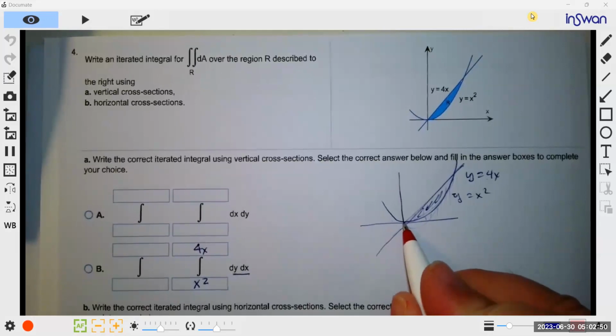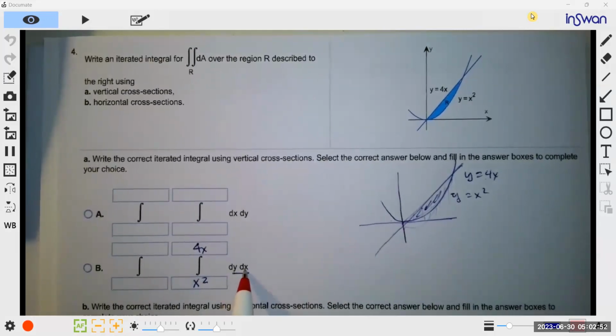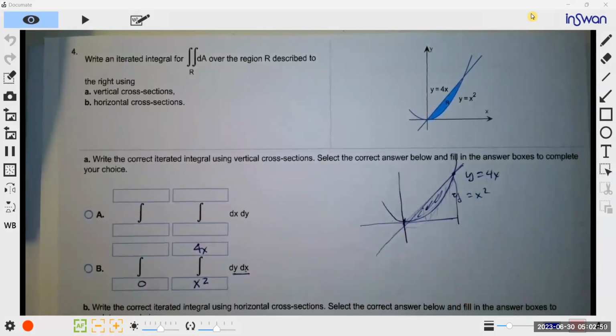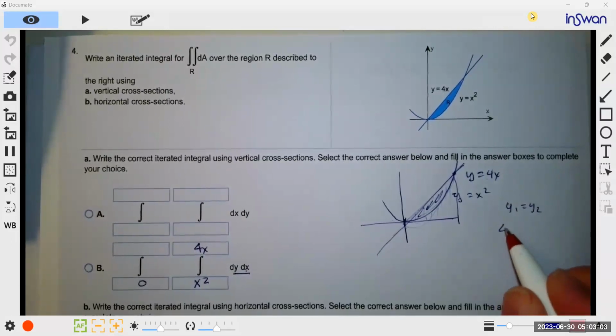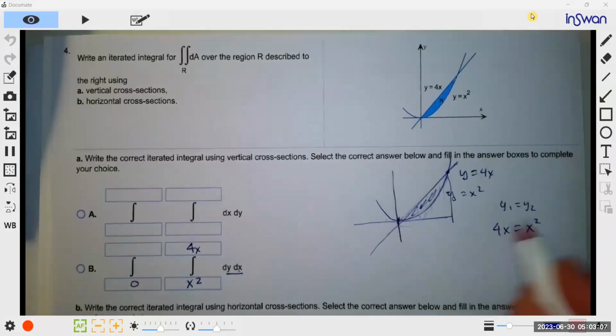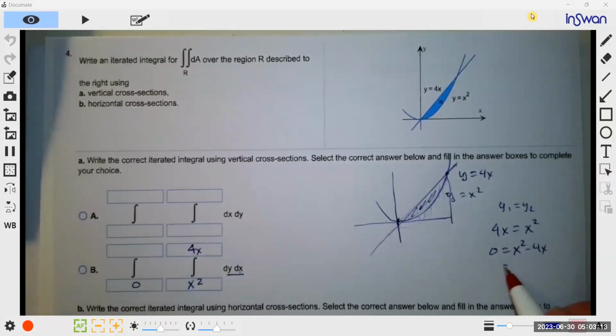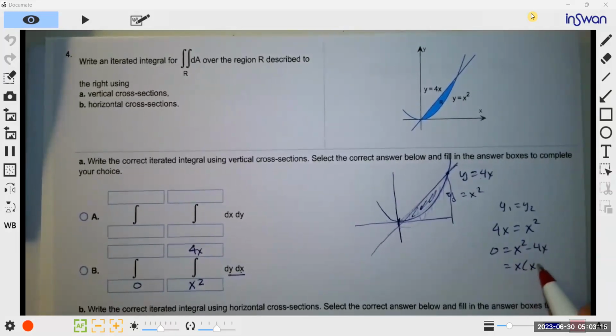Okay, now the horizontal one, that's dy. Now the dx goes from 0 to where these two lines meet. y1 equals y2. So we have 4x equals x squared. We have to solve for x. So x squared minus 4x, set them both equal to 0.